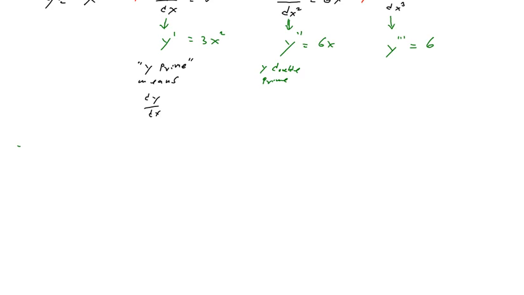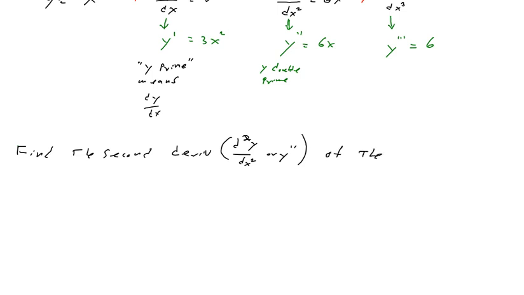Find the second derivative, which is d squared y over dx squared, or y double prime, of the implicit function.